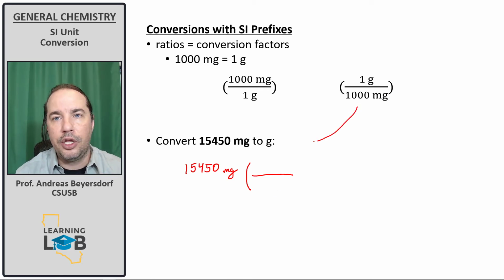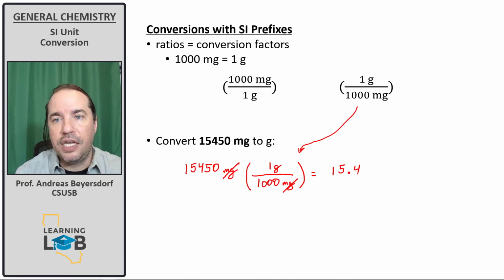So I'm going to use this one right here, where milligrams is in the denominator on the bottom and 1 gram is on the top. The milligrams cancel out and I'll get that 15,450 milligrams equals 15.45 grams.